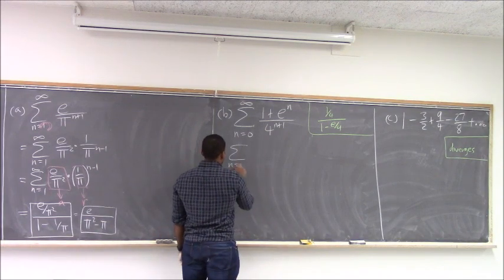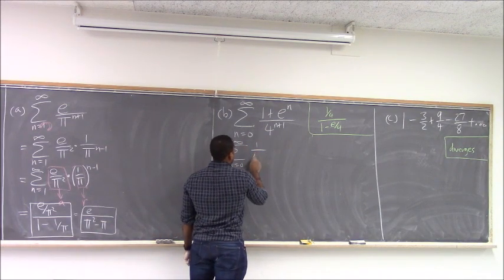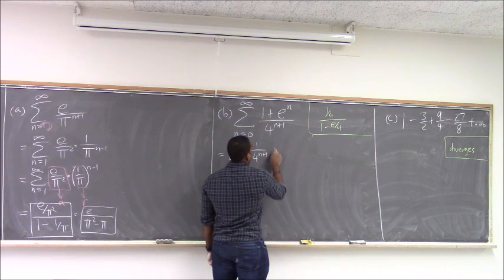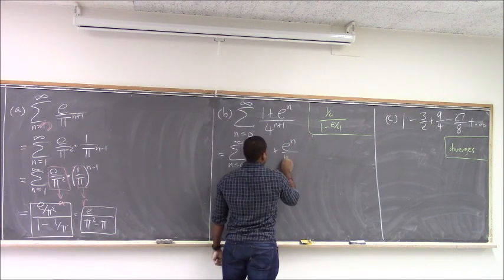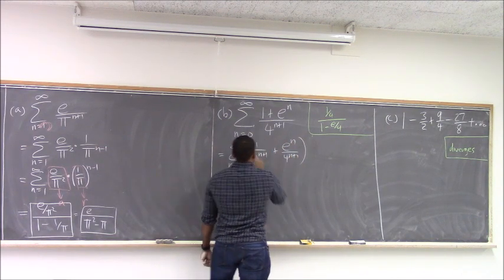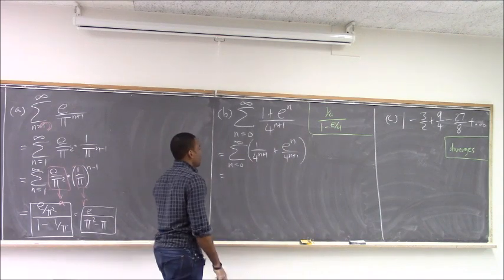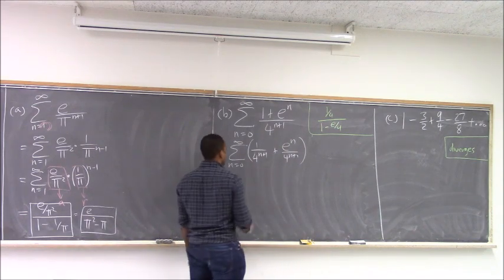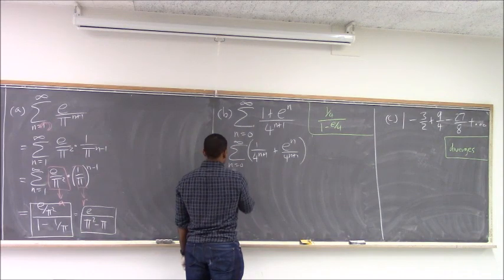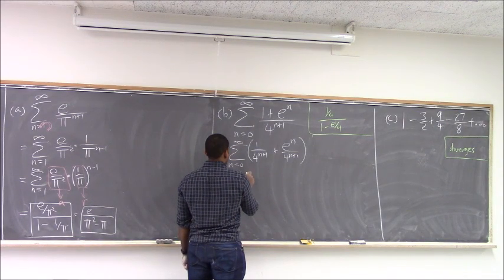So it'll be 1 over 4 to the n plus 1 plus e to the n over 4 to the n plus 1, and I basically pulled out a fourth. So it'll be 1/4 times 1 over 4 to the n plus e to the n over 4 to the n.